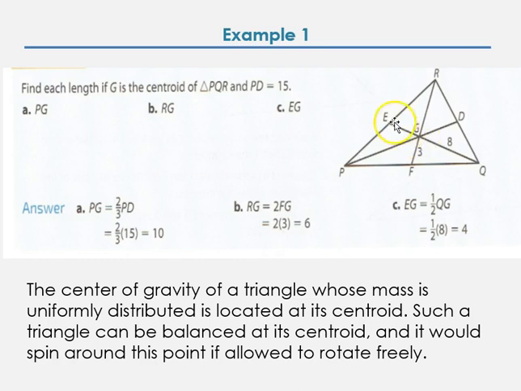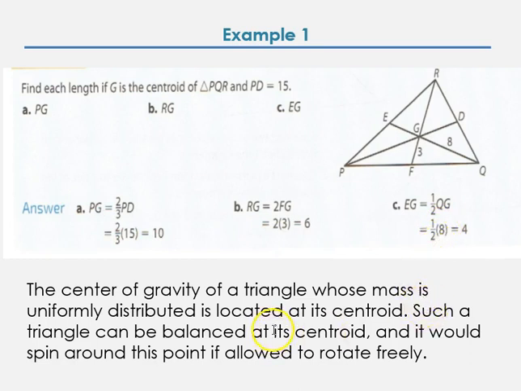EG is part of the median EQ, and QG is the longer piece, which is 2/3 of the median, or 2 times EG. We can also state that EG would then be 1/2 of QG. So QG is 8, so 1/2 of 8 equals 4. So we're saying the same thing 3 different ways.